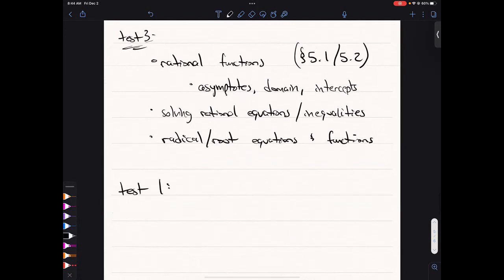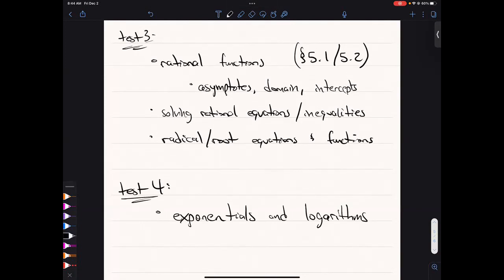And test 4, exponentials and logs, right? Solving equations, working with functions, most of that comes down at some point to taking an exponential and turning it into a log, or taking a log and turning it into an exponential.